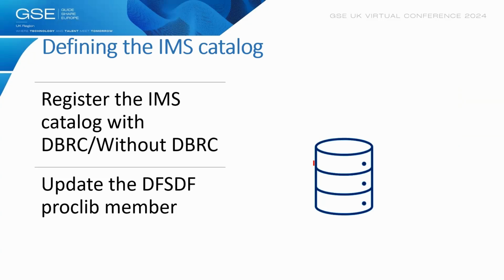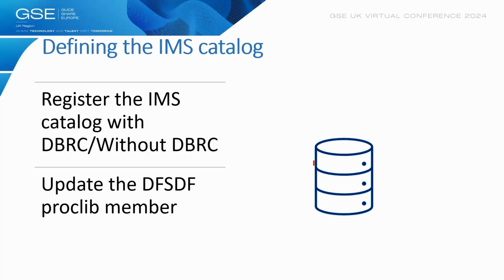The next step is defining the IMS catalog to IMS. The IMS catalog is itself an IMS HALDB database, and like other HALDBs, before loading any data into the catalog, you are required to define the HALDB partitions to IMS.